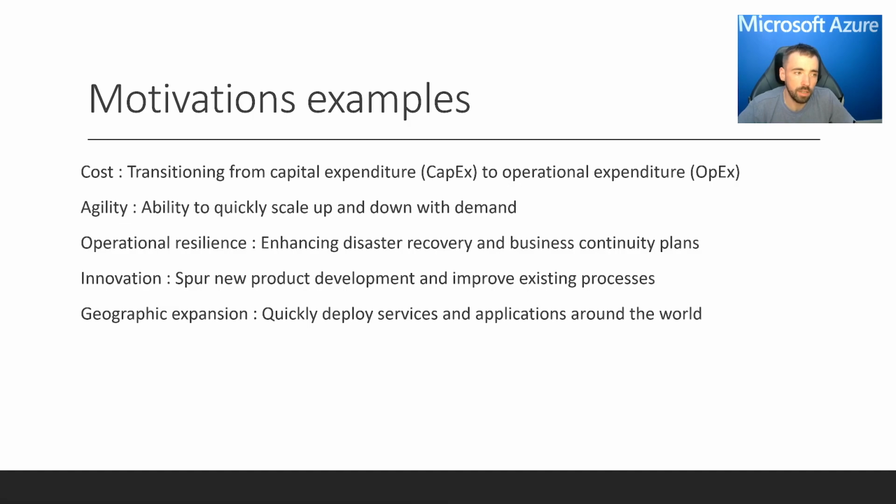Another one being innovation, spurring new product development and improving existing processes, and geographical expansion, so the ability to rapidly deploy services and applications around the world close to the people that will be using them. Whereas on-premises, there'd usually be a lot of work involved in setting up additional data centers to get that geographical expansion.